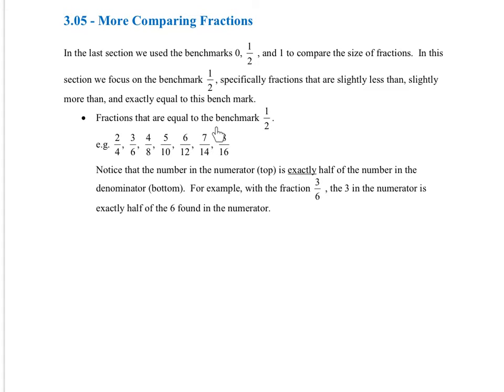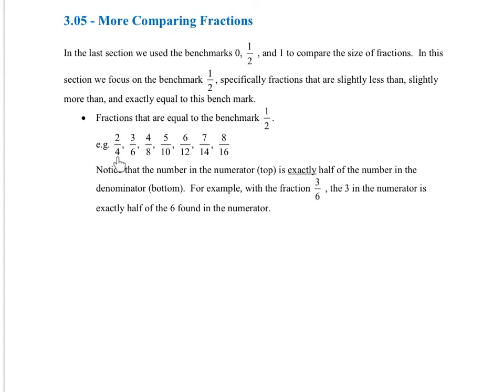Okay, so we'll start off with what is half? Well, half means exactly equal to half. In order to have an exact half, you need an even number, so 2, 4, 6, 8, 10, and so on and so forth. So to have an exact half, you need an even number on the bottom, and then the top has to be exactly half of that number on the bottom.